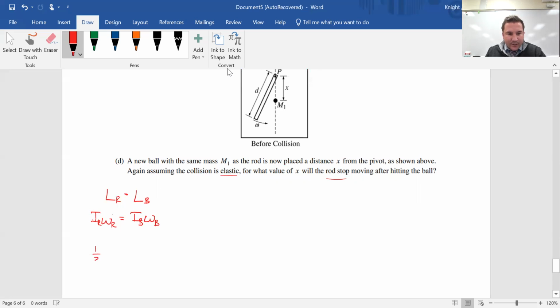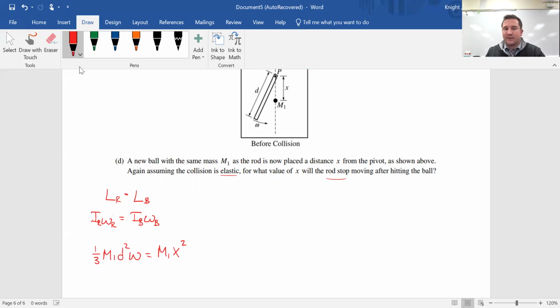We know I for the rod is 1/3 M1. This is still D. So M1 D squared omega. I is going to be M1 X squared, right? Because the distance now is X, it's not D anymore.